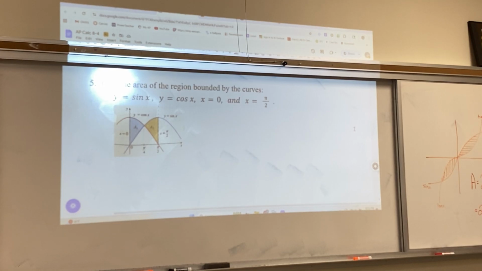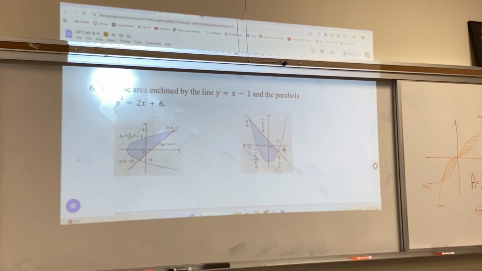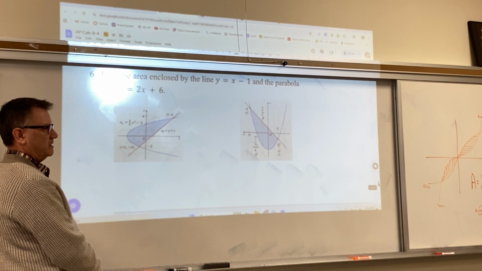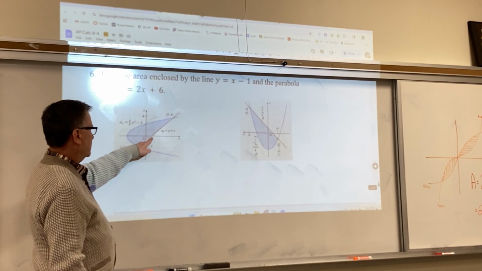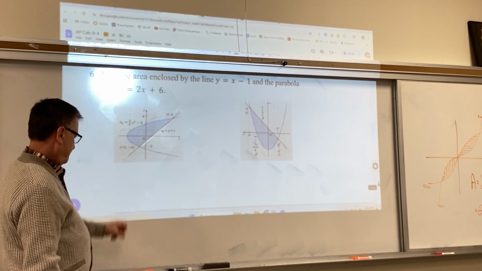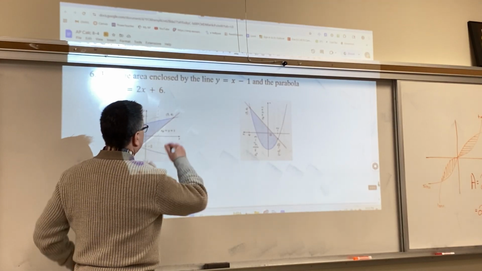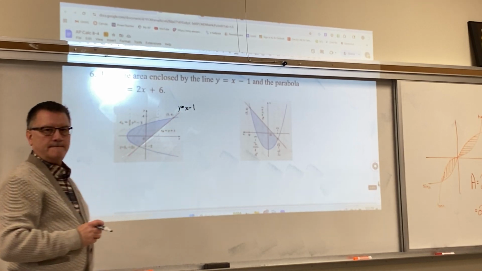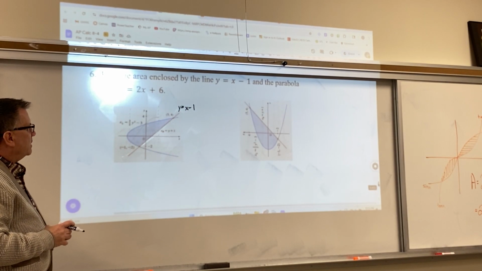So, the only other complicated thing I can think of is something like number 6. In which they say, find the area enclosed by the line y equals x minus 1. Well, a linear equation I can pretty well graph. So there's that. And y squared equals 2x plus 6.